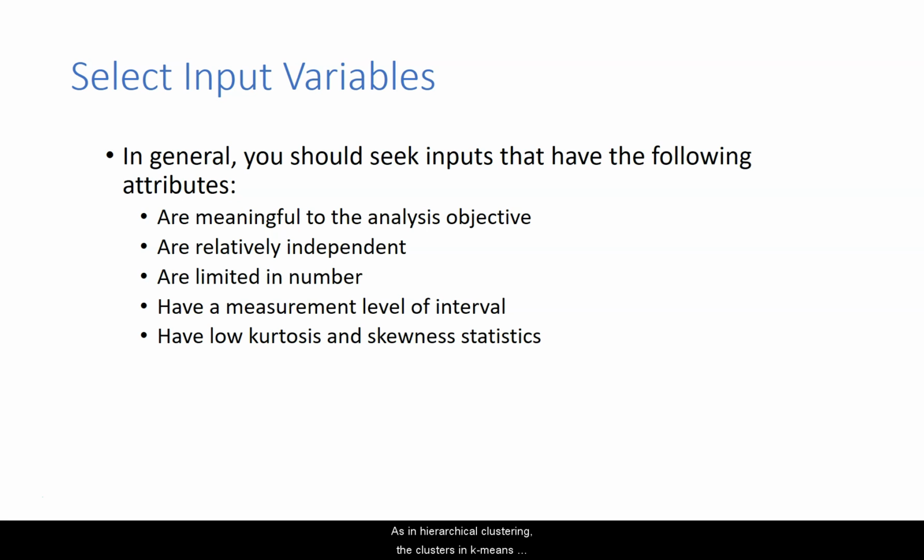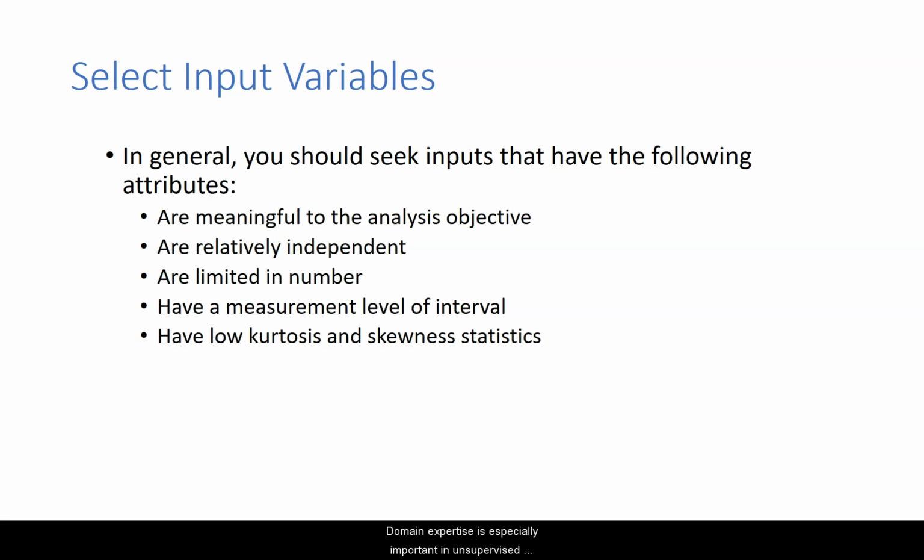As in hierarchical clustering, the clusters in k-means clustering are formed based on the input variables you select. Therefore, the selection of the input variables plays an important role in determining the cluster structure. If inappropriate input variables are selected for the problem, the cluster structure generated would not be meaningful and can even be misleading in some cases.